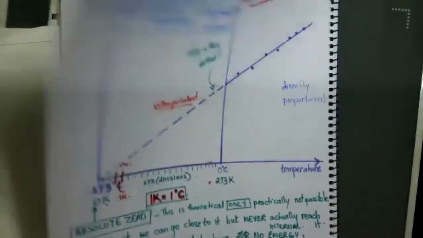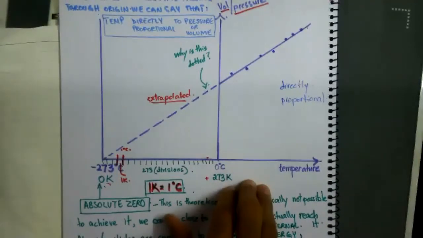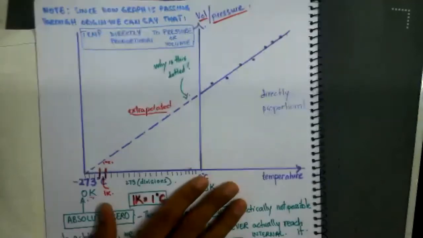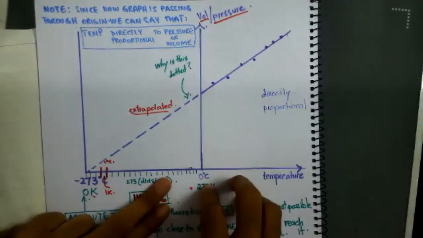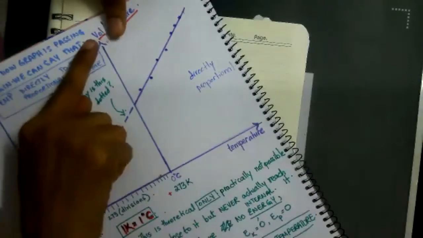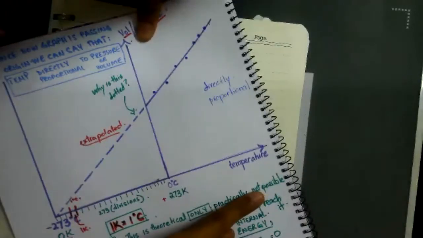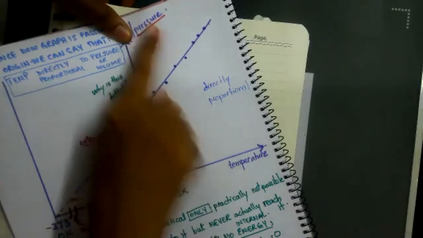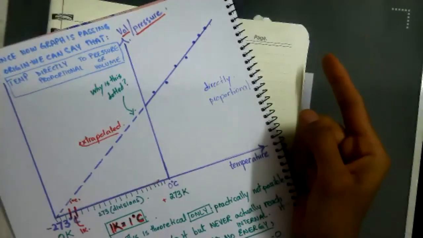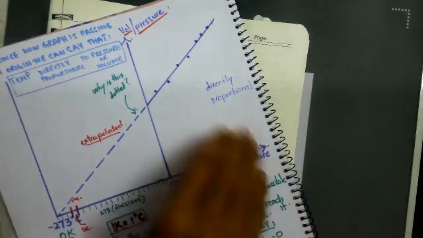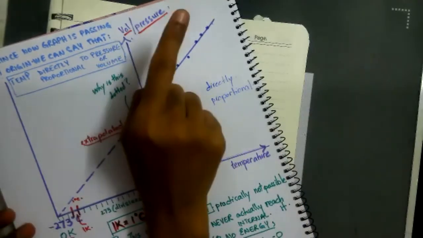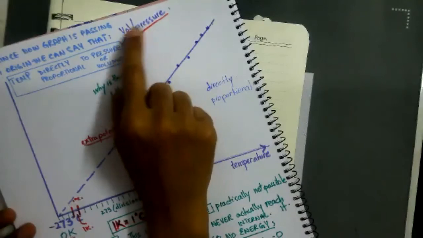I will come to that graph, but this is not that graph. This is between volume and temperature, or pressure and temperature, keeping the other factor constant. That graph you're talking about is between pressure and volume. I have not come to that yet.